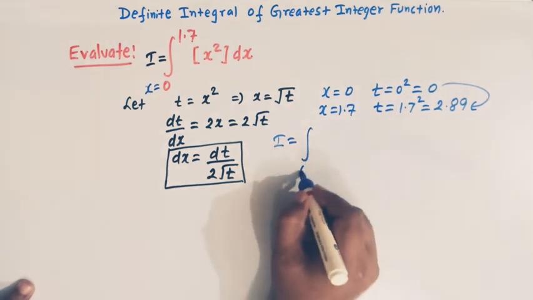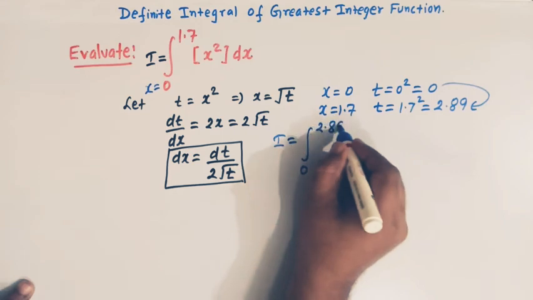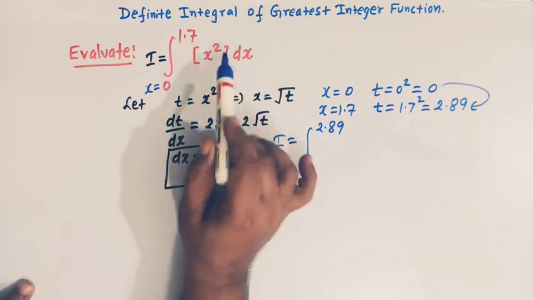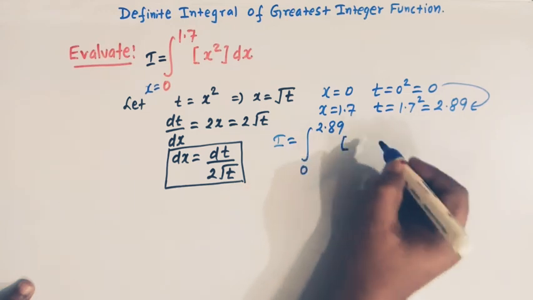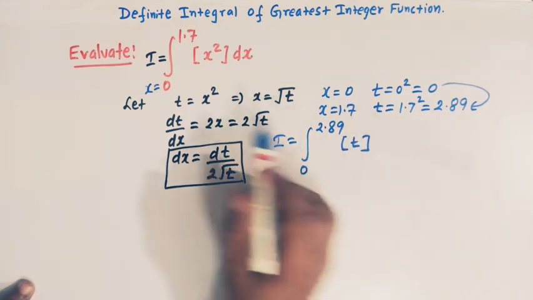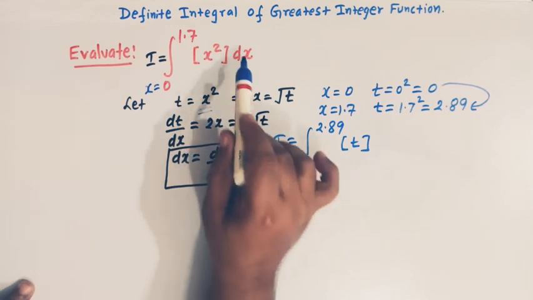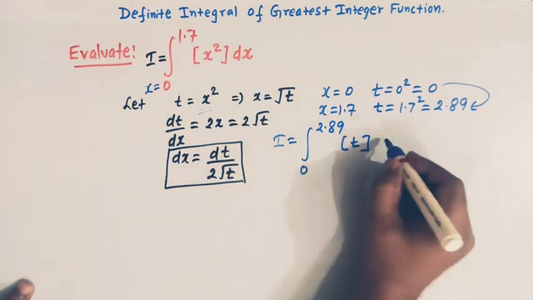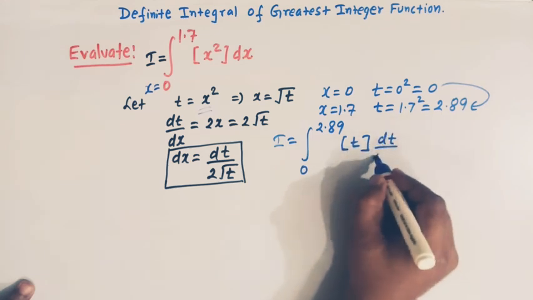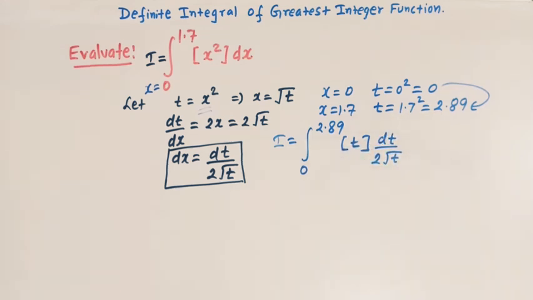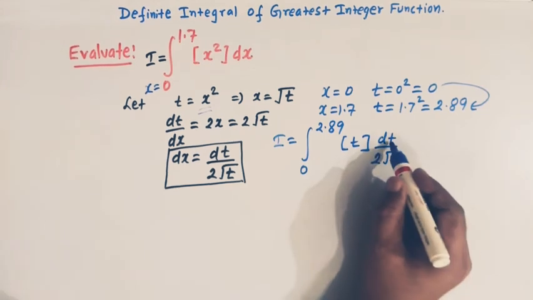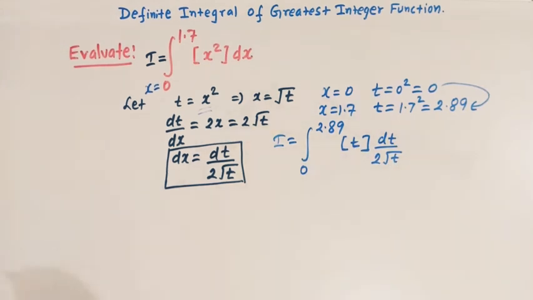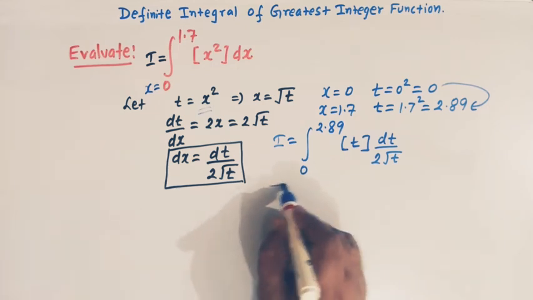So here we have 0 to 2.89, and for this term we have greatest integer t, because x square is equal to t, and for dx we can write dt over 2 root t, right? So this is dt over 2 times square root of t, right? Now let us take the number line.